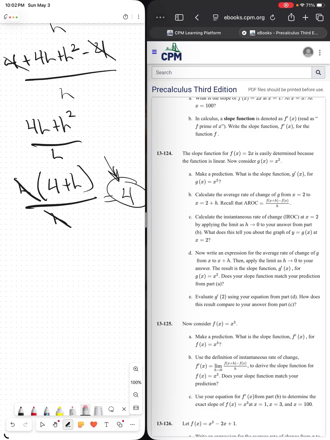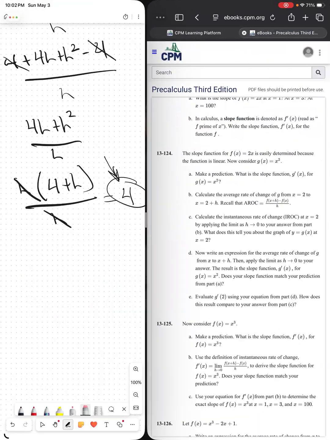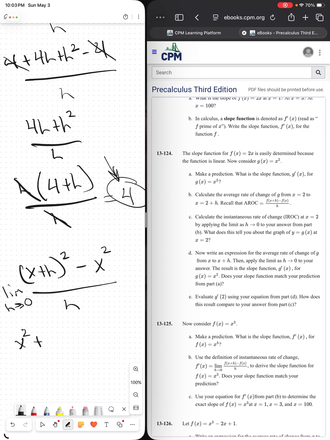Now write an expression for the average rate of change of g of x from x to x plus h. Here we go: x plus h squared minus x squared all over h, and we're taking a limit as h approaches 0. So we get x squared plus 2xh plus h squared minus x squared over h.